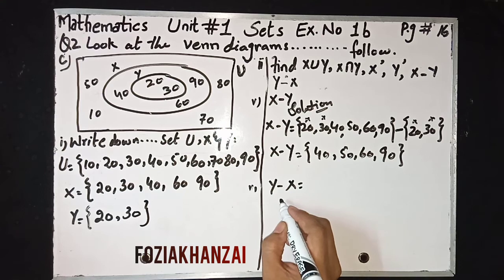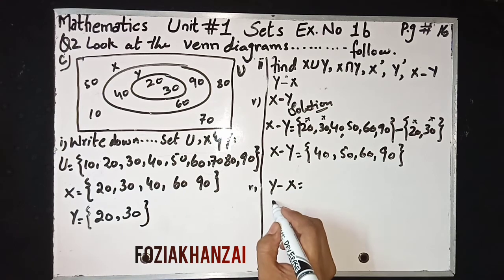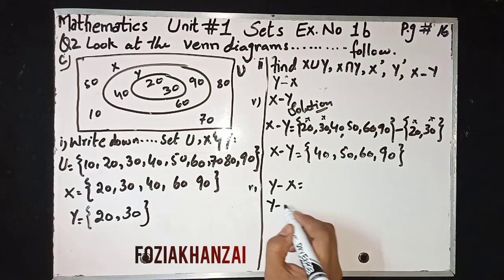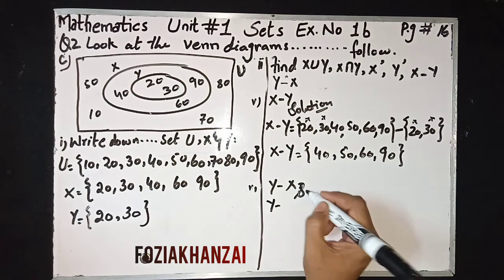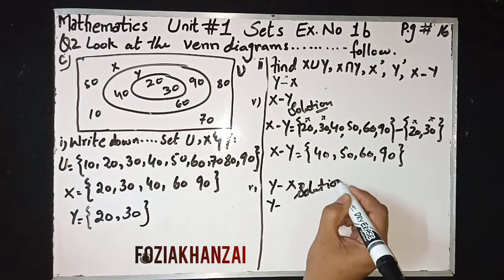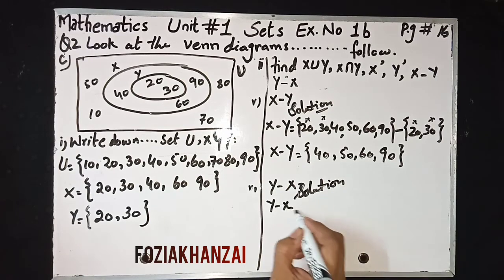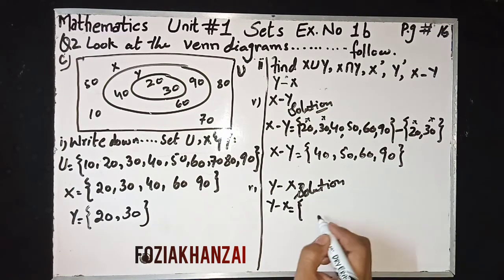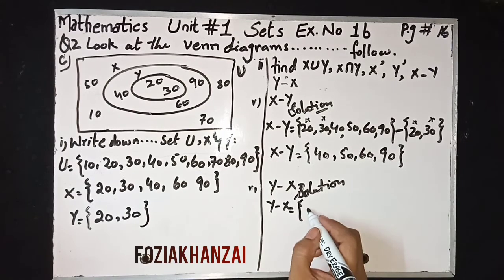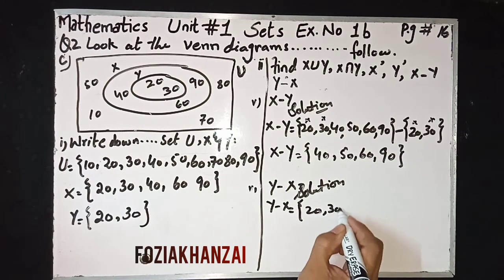Now part 6, Y difference X. Okay, we find Y difference X. So first we write down the elements of set Y. For Y difference X, it is necessary to first copy down the elements of set Y: 20, 30.